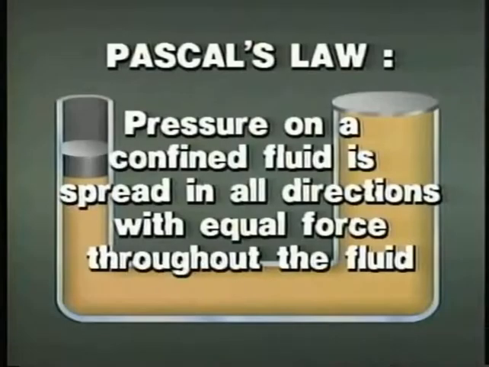One of these principles, called Pascal's law, simply put, states that pressure applied on a confined fluid is transmitted in all directions and acts with equal force throughout the fluid. Let's look at an illustration to see the role that Pascal's law and other principles play in making hydraulic systems work.